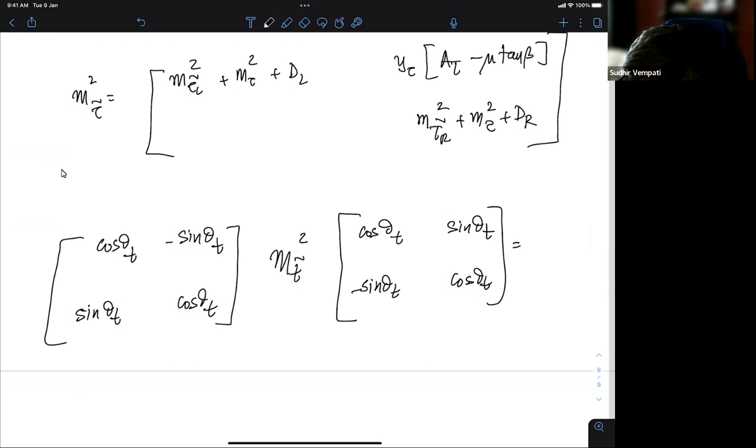These are your two stop masses. I'm focusing only on the stops because this is important for my Higgs discussion.